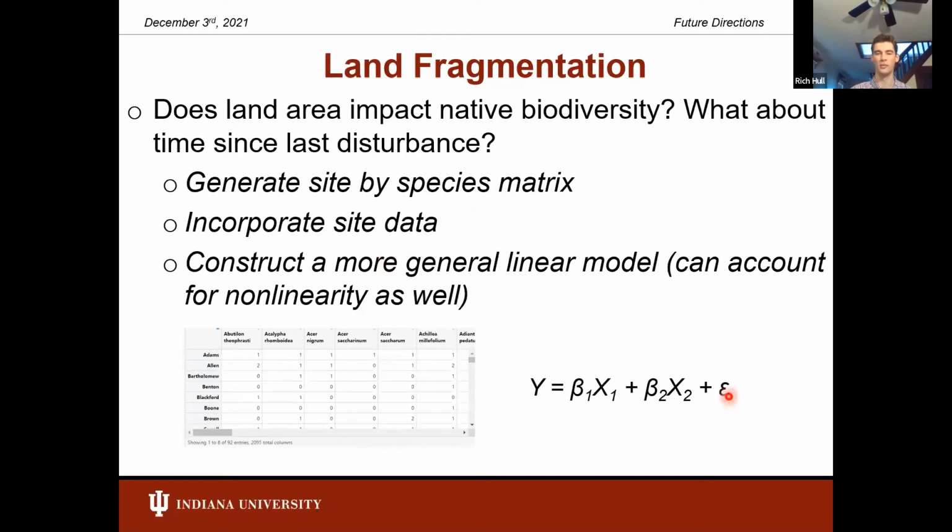And here I have the general linear model or linear regression equation. And we can do this for nonlinearity as well. So for nonlinear relationships too.